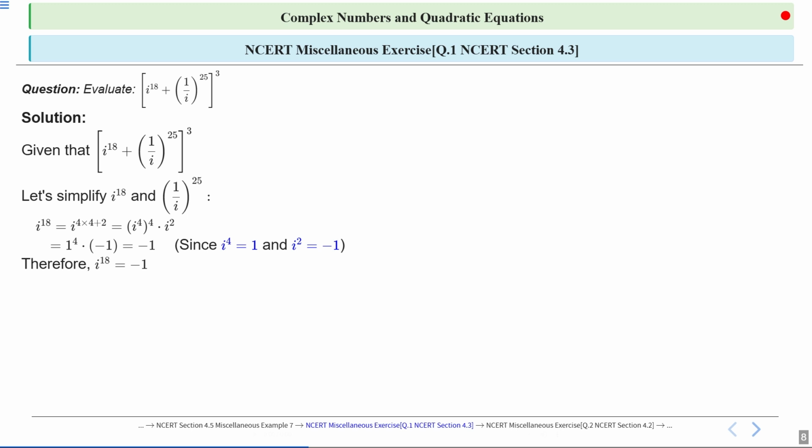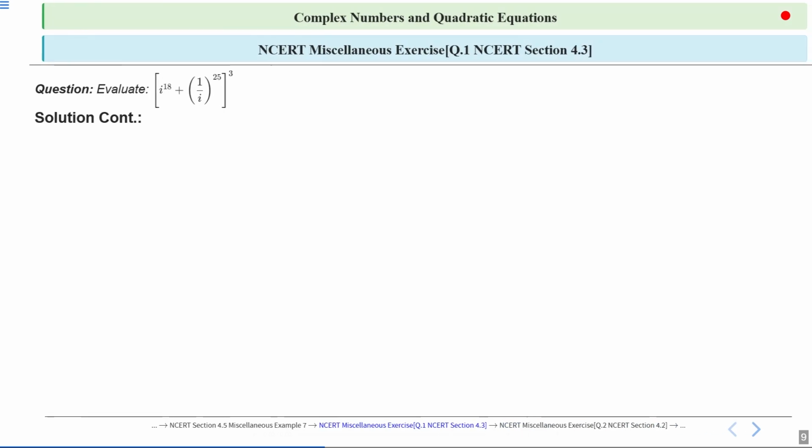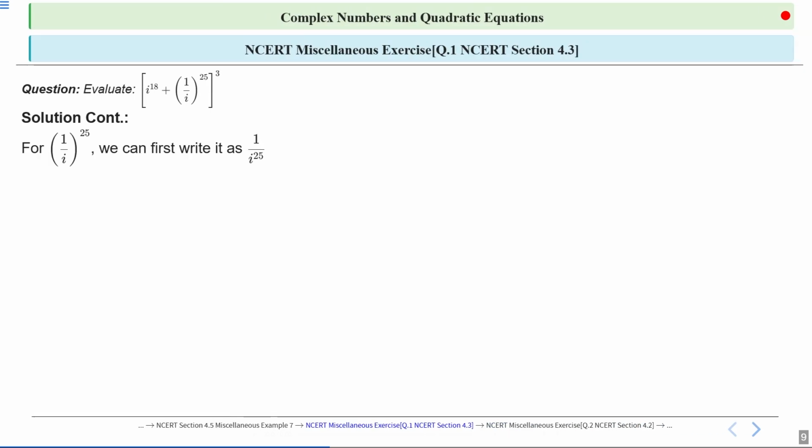Similarly, we have to simplify (1 divided by iota) to the power 25. So now for 1 divided by iota to the power 25, we can rewrite this as 1 divided by iota raised to the power 25.